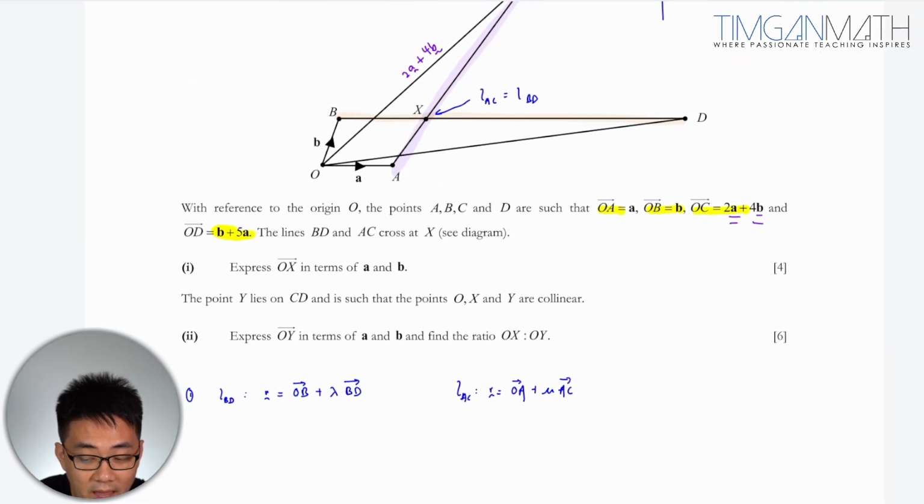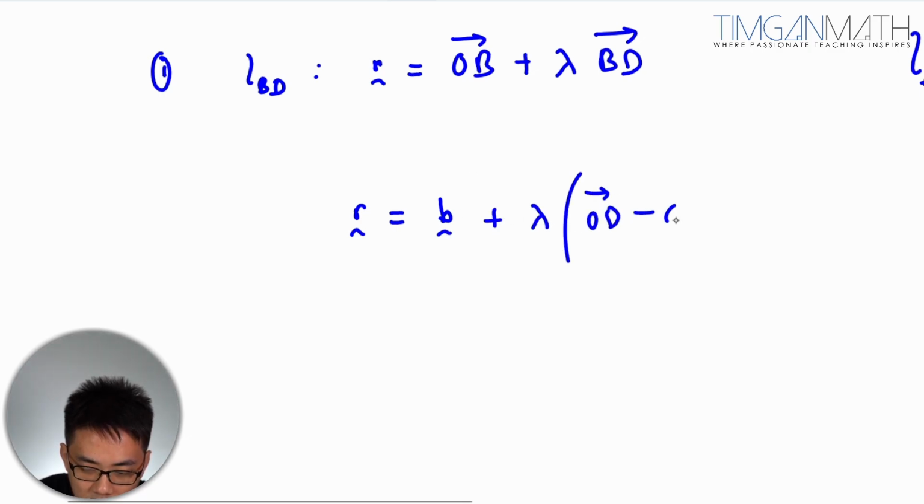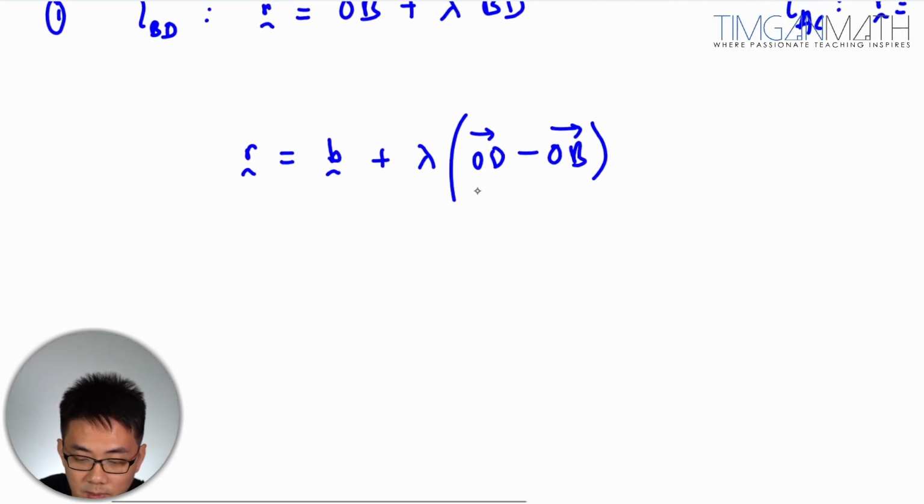Now we have everything here. We are given B. Then the direction would just be OD minus OB, and OD is given as B plus 5A. So I'm going to slowly do this out.